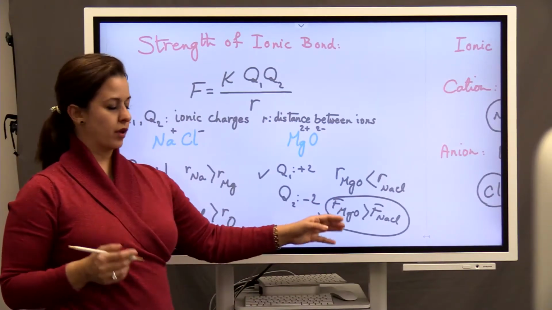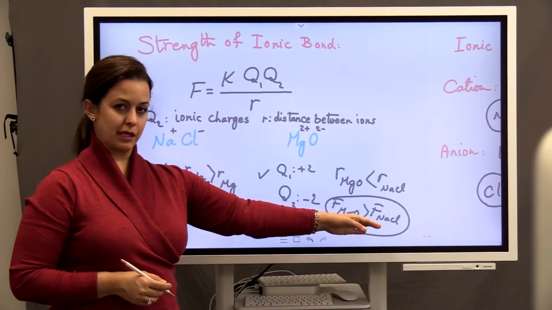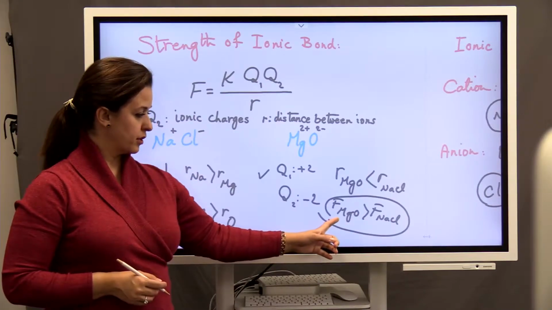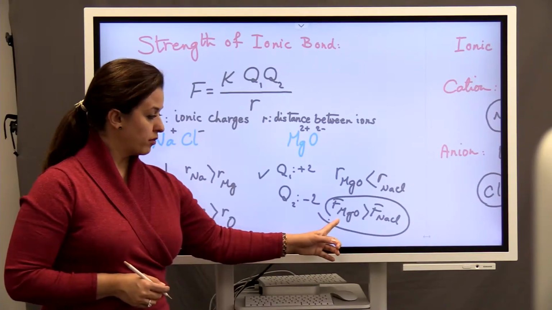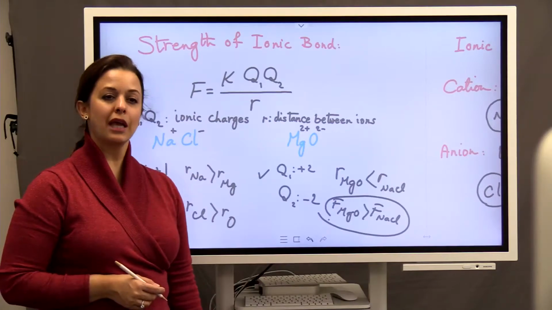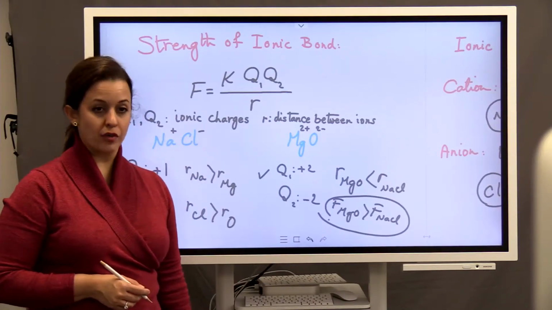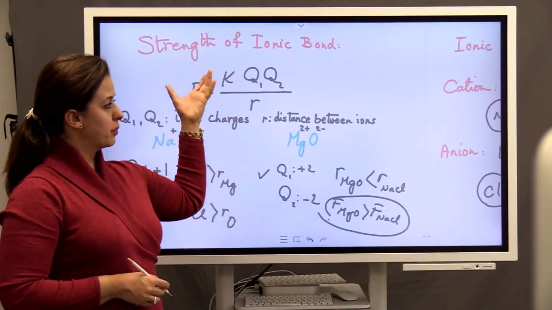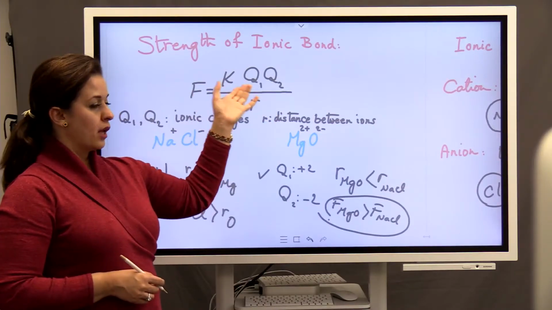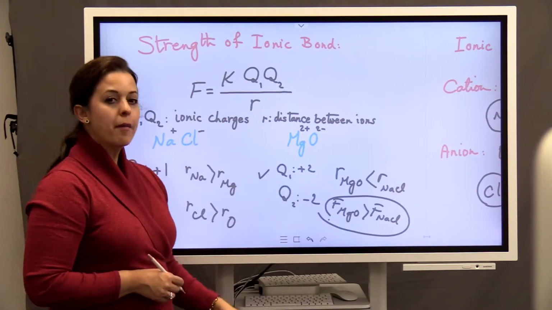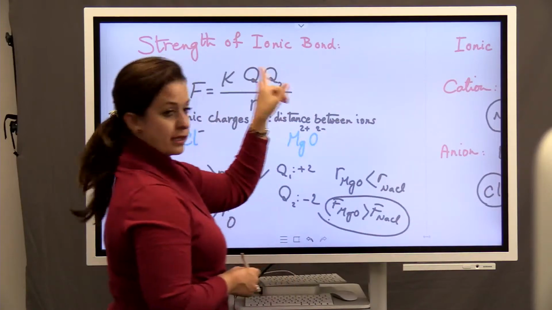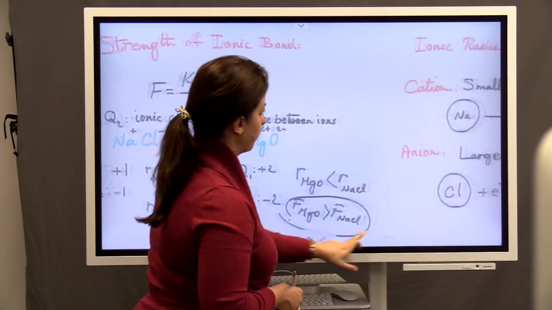For example, if melting point of NaCl is 800 degrees Celsius, the melting point for MgO is 2800. So this strength between the ions appears in the melting points. Don't forget these two factors and this formula.